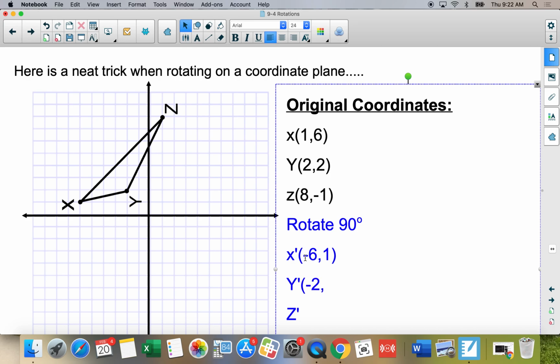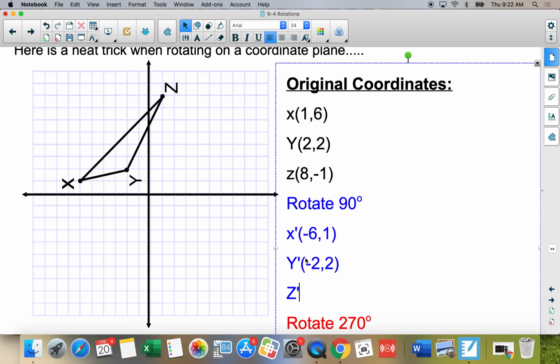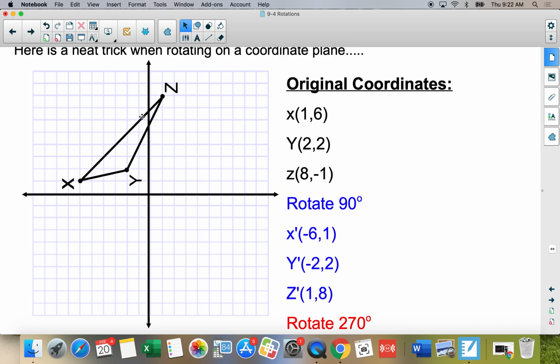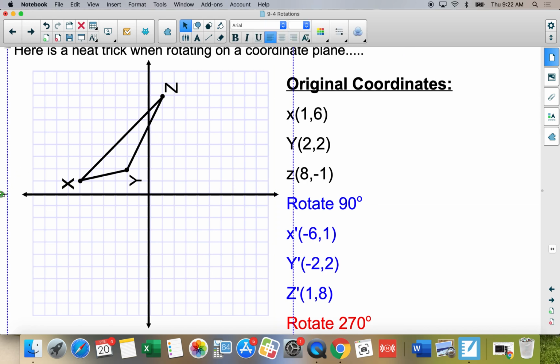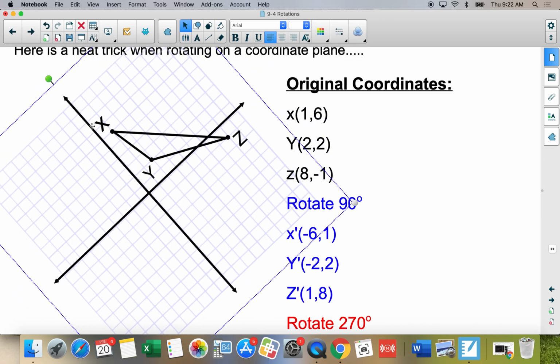Very good. Okay, and then my Z is 1, 8. So you probably can see the rule that's already established, which is fine. But if you do it this way, you know it's going to work. Okay. So now we're going to go back to this shape that I had, and I'm going to rotate it back to its original form.